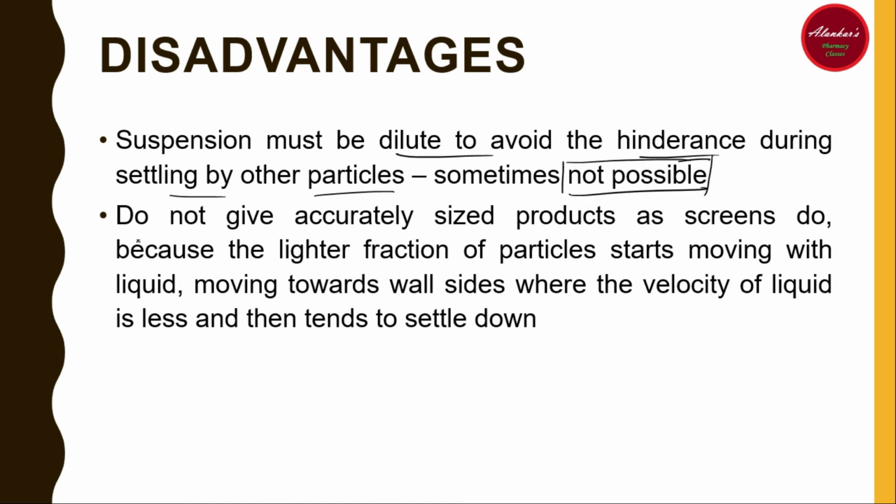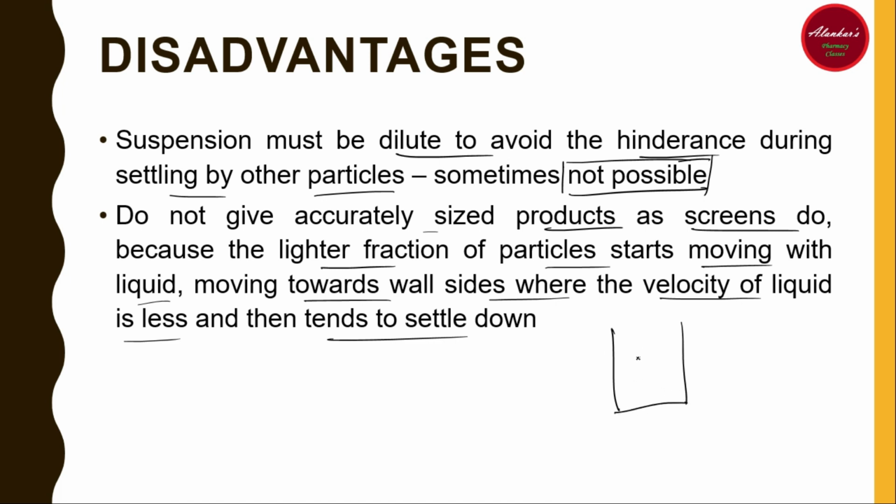Next, they do not give an accurately sized product as screens do. This is because the lighter fraction of the particles starts moving with the liquid towards the wall sides, where the velocity of the liquid is less, and then tends to settle down. Let us assume an example of an elutriation tank. The liquid is moving vertically upwards.